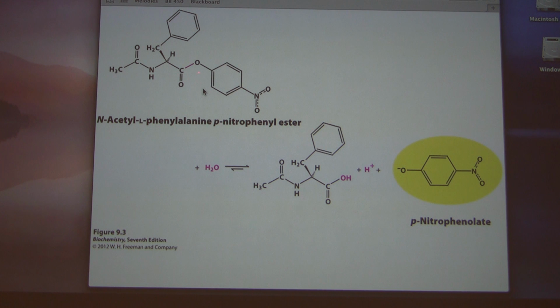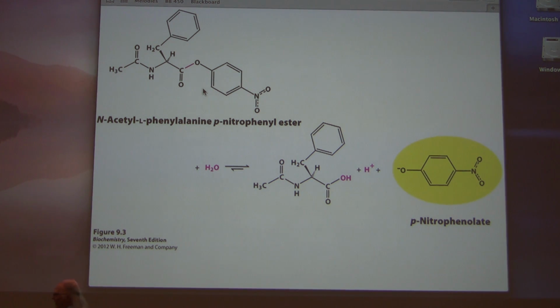It actually cleaves a bond right there. Doesn't matter how or why, just that it does cleave a bond right where I show you. The result of cleaving that bond by chymotrypsin results in the production of this molecule on the left and another molecule that has a color, whereas this starting material didn't have a color.